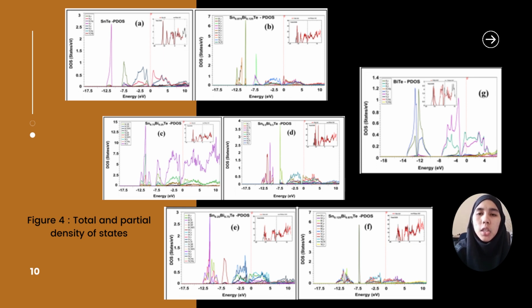Due to a change in the system's electrical characteristics brought on by the saturation of the p orbital in the bismuth and Sn atom, it's evident from all the DOS and PDOS that the Fermi level shifts to the conduction band edges after being merged with the bismuth atoms in the SnTe crystal.